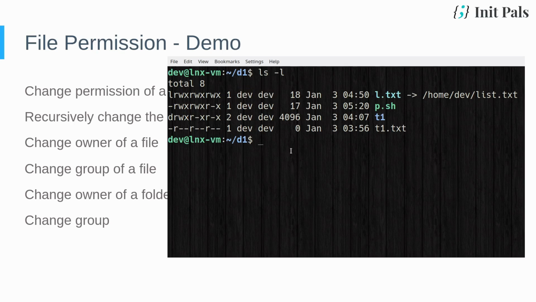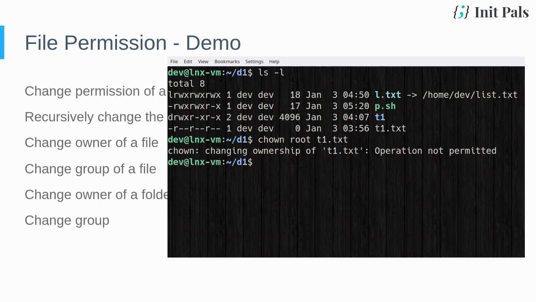Okay. And let me assign the file to a different group. If you wanted to change the owner of the file, then the command is chown, and let me change the owner to root and the file name t1.txt.